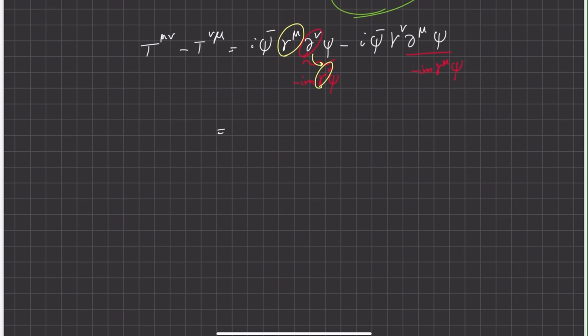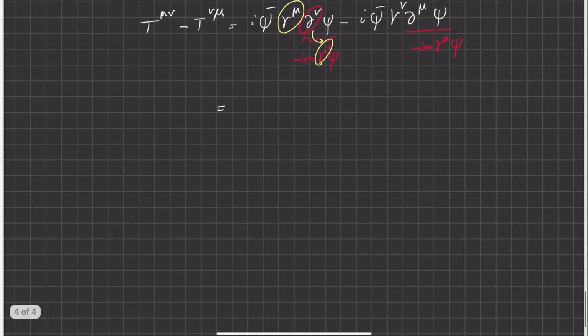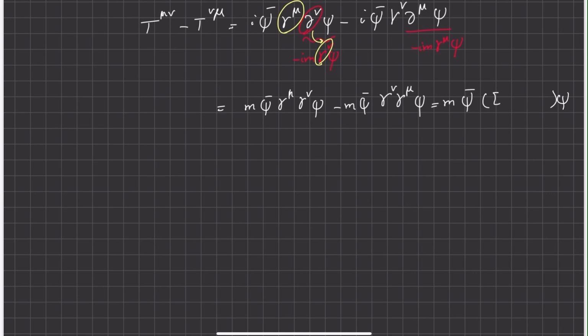This is equal to, so there is some i here, we need to be careful. This is going to be m psi bar gamma mu gamma nu psi minus m psi bar gamma nu gamma mu psi. And then we are going to have psi bar, m outside, psi bar psi. And here we have the commutation of the gamma matrices, gamma mu gamma nu. And then we set the definition of the generators of the spin rotation.